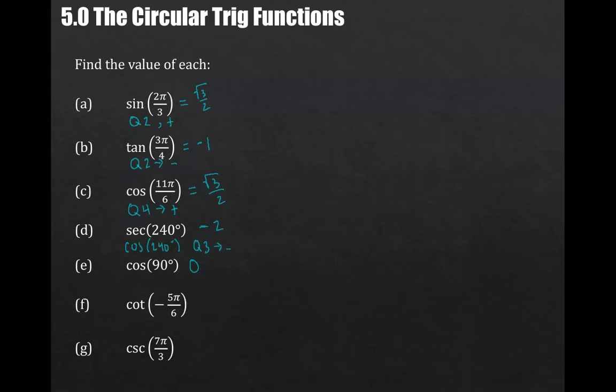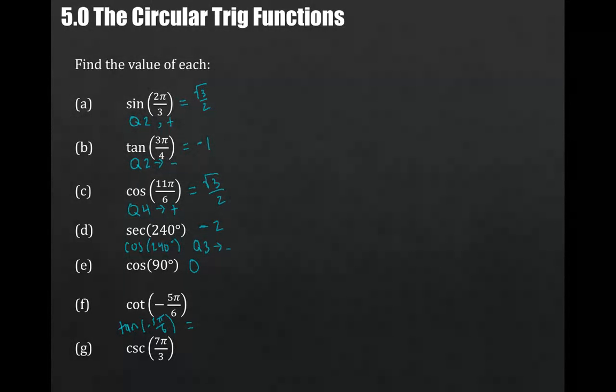Cotangent of -5 pi over 6. So here I'm going clockwise, right? I'm actually not quite at a semicircle. -5 pi over 6 and 11 pi over 6 are the same thing, right? Here, I'm going to think about tangent of -5 pi over 6. So I'm dealing with sixths.